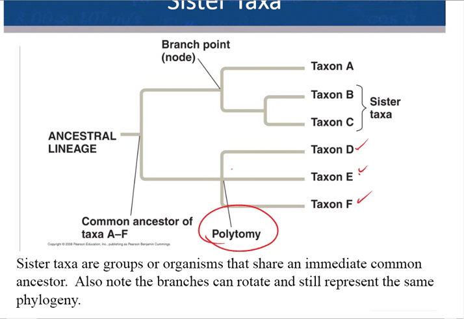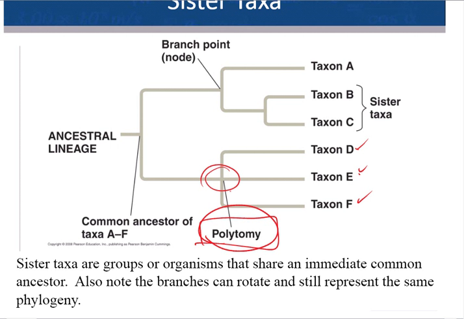But we are confident that in every case, when species diverge, they diverge into two species at a time, not three at a time. So when we can't determine exact branching orders, we call it a polytomy, and it just means we don't have enough evidence yet to tease out how that branch worked.